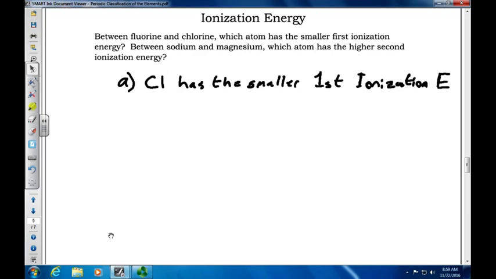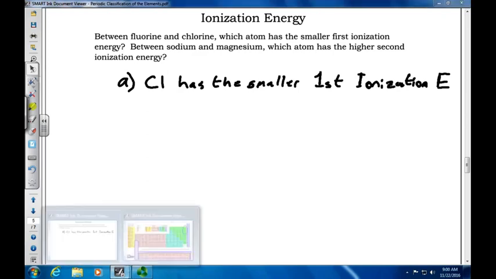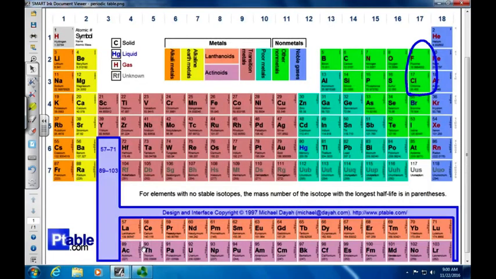Okay? So in part B, we're asked, between sodium and magnesium, which atom has the higher second ionization energy? This one's a little more tricky. It's designed to be a little more tricky. Sodium and magnesium are over here. They're in different groups, but they're in the same period.